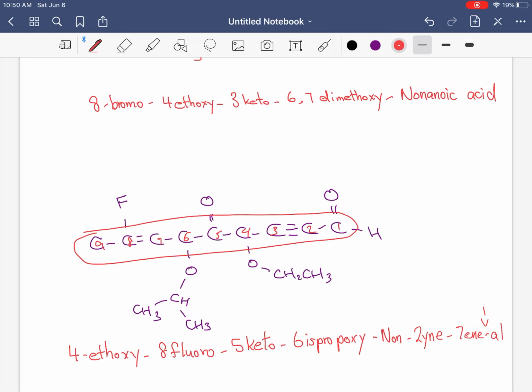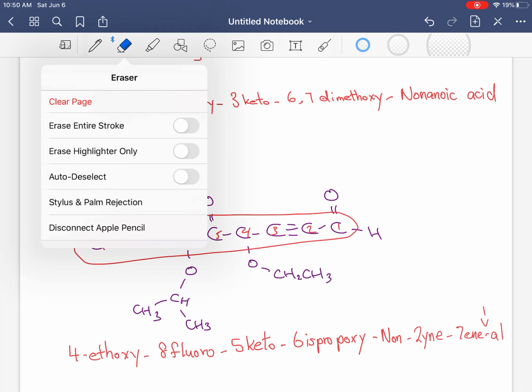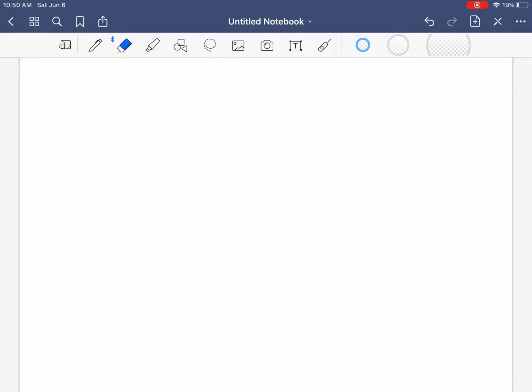So today we're gonna move on to more reactions. Let's clear this page, and let's take a look at another reaction. So today's lesson is reaction of carbonyl.